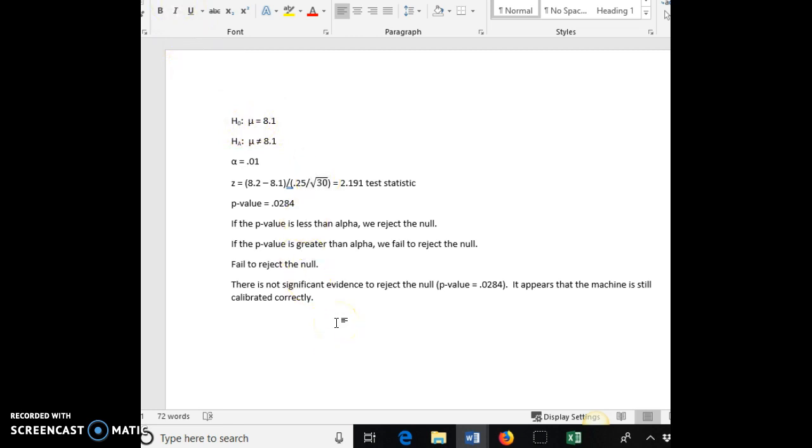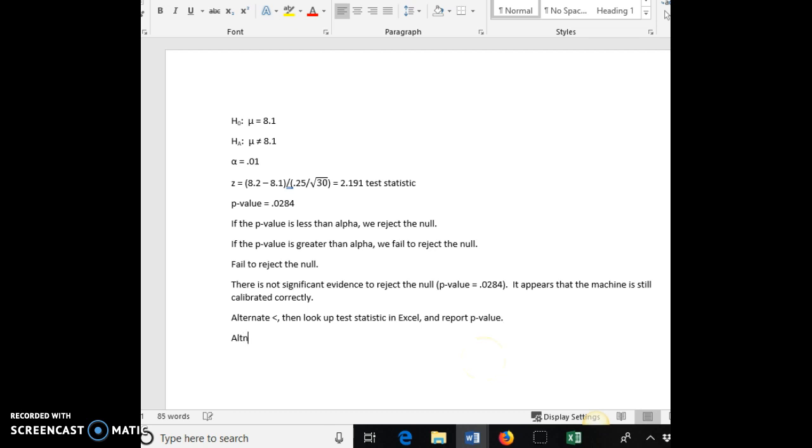Now, before I finish this example, I want to state a few things about p-values that will help you. When doing p-value examples, if your alternate is less than, then look up your test statistic in Excel and report the p-value. In other words, if this had been a less than, then you would have just looked this up, and the answer that we would have gotten would have been the p-value.